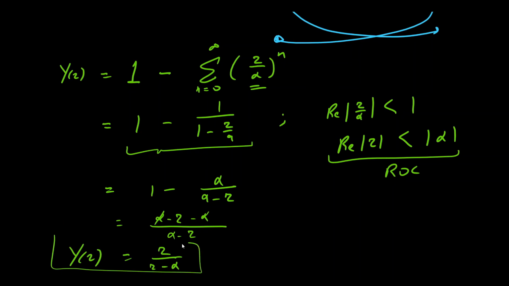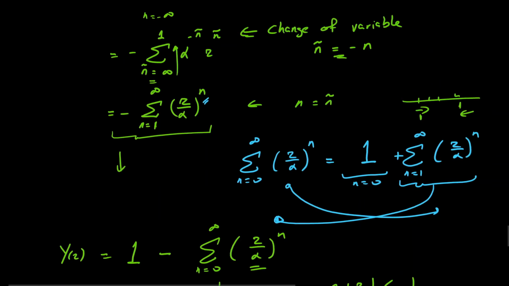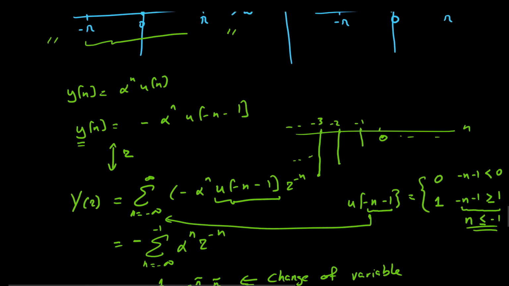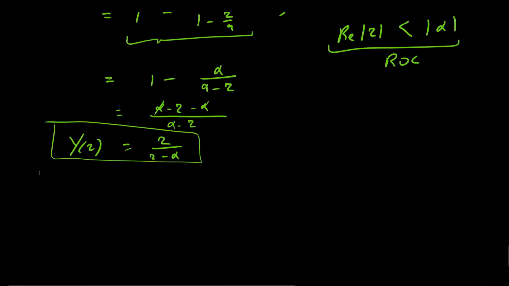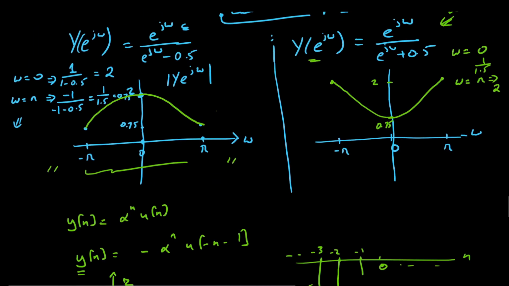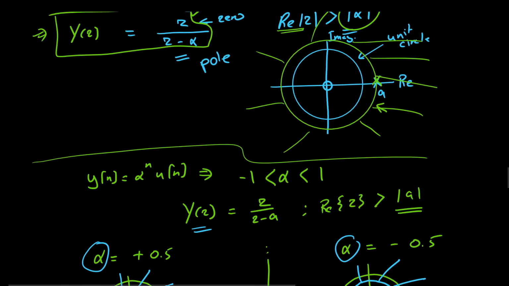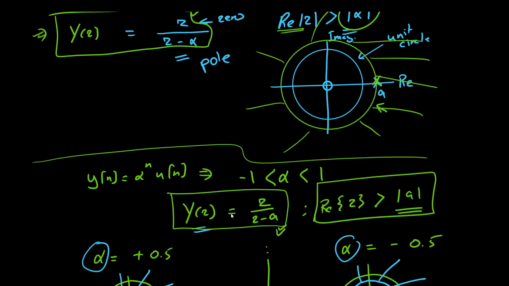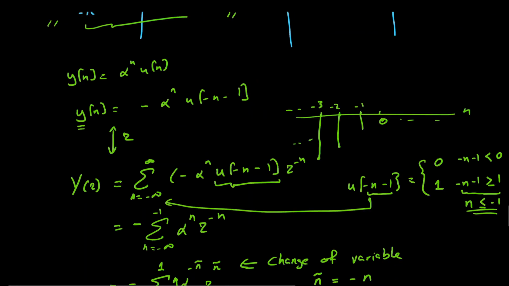Now this expression y of z for minus alpha raised to power n u of minus n minus 1 is z over z minus alpha. So this is exactly equal to our prior example where we had alpha to the n u of n, which had the z transform z over z minus alpha. So the algebraic expressions are the same, but the ROCs are different for both of them.